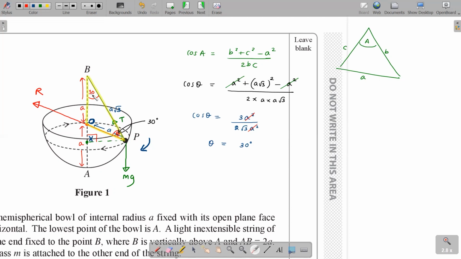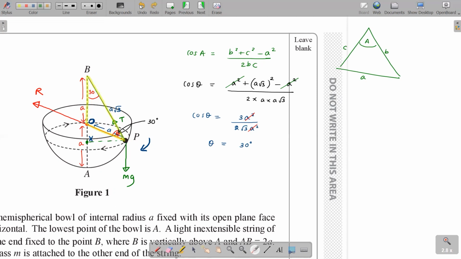This is 30, this is 90. So in my right angle, I'm talking about this right angle now, this big angle will be 60, right? This is 30, this is 60. The big angle, and this is already having a 30 here, which means the small angle here must be 30.